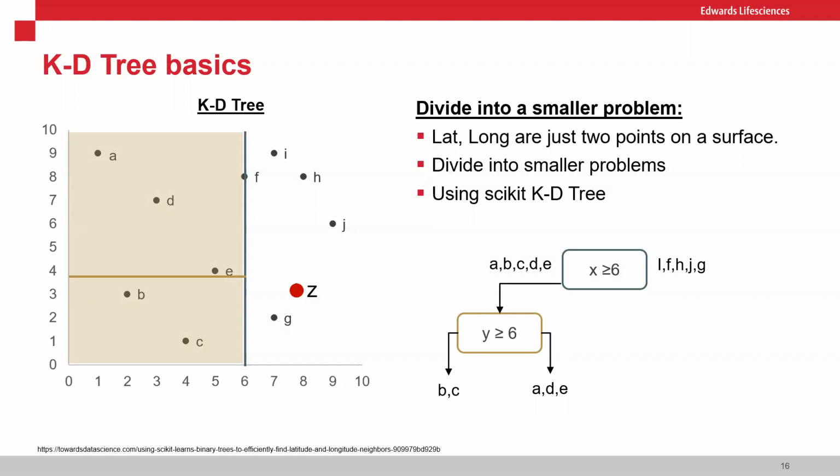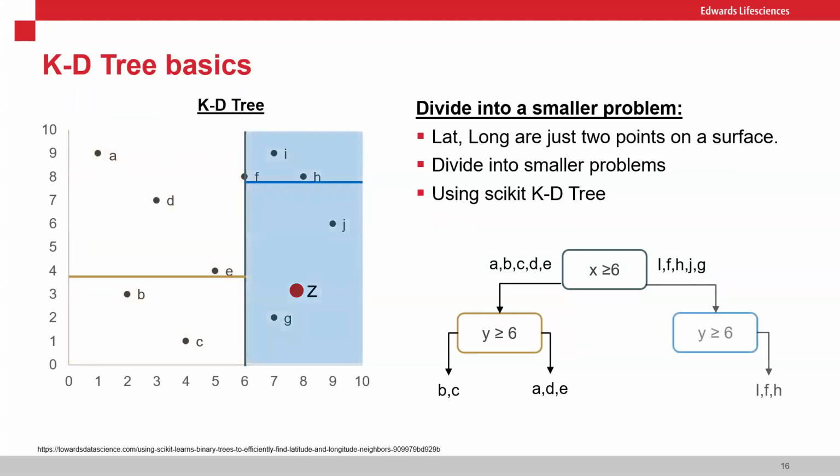We can subdivide this tan section, and start subdividing each section and solving for the problem we're after, which is just this one area. So when a new point comes in, this point Z, we can quickly traverse it, just like a giant if statement, through this KD tree methodology.